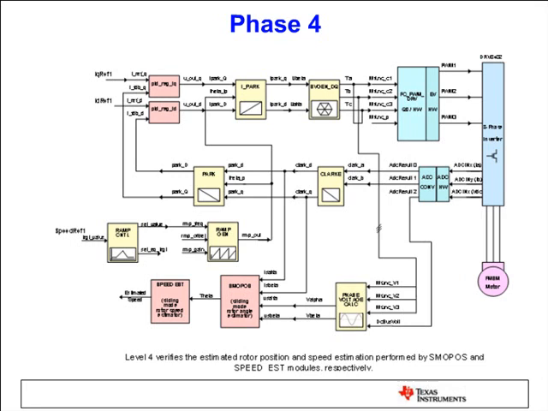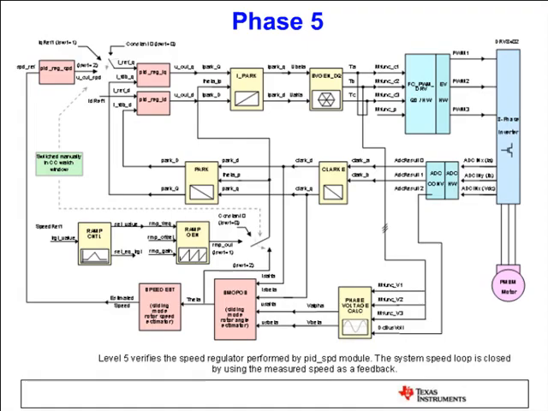And then at the last phase, we ask the customer to close the speed loop using the sensorless algorithms and speed PID. And at this point, the customer should be pretty much done. And after that, we ask the customer to tune his or her system under different speed and load conditions.